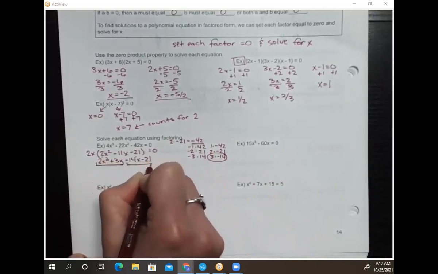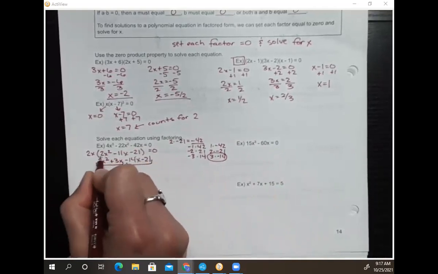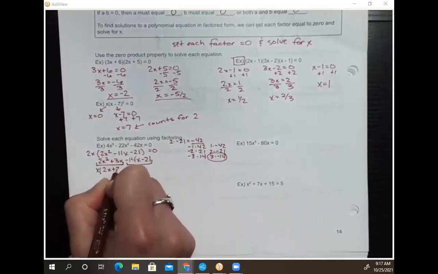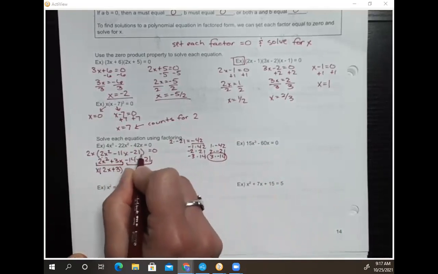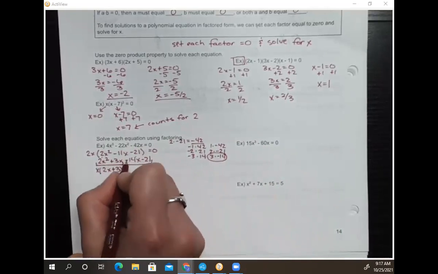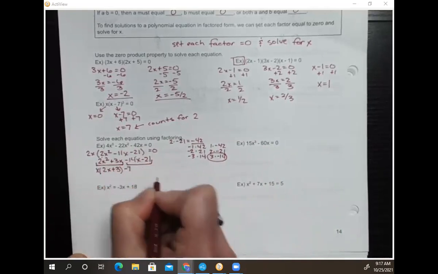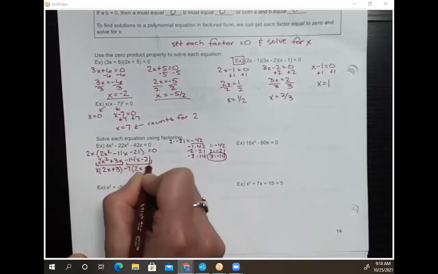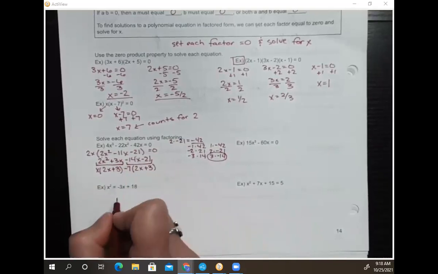And then we'll use grouping here. GCF for my first group is x. That leaves me with 2x plus 3. The GCF for my next group would be 7. And since my group starts with a negative, I'm going to use negative 7 as my GCF. That would leave me with 2x plus 3 when I factor negative 7 out of both of these terms.